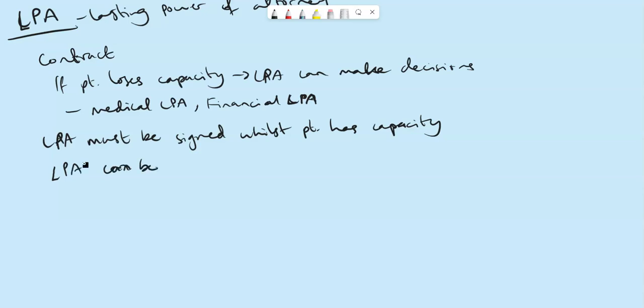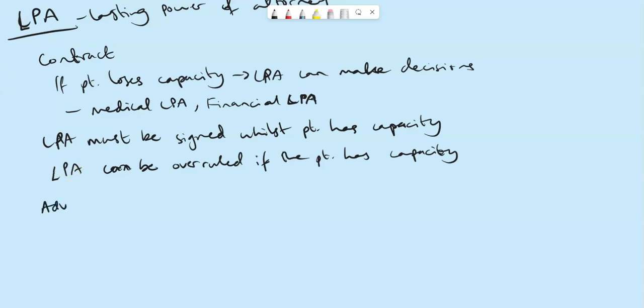The LPA can be overruled if the patient has capacity. During the time that the patient has capacity, they can retract it and say that this person doesn't have the LPA over me anymore. However, if they've lost their capacity, then obviously they can't make those decisions anymore.